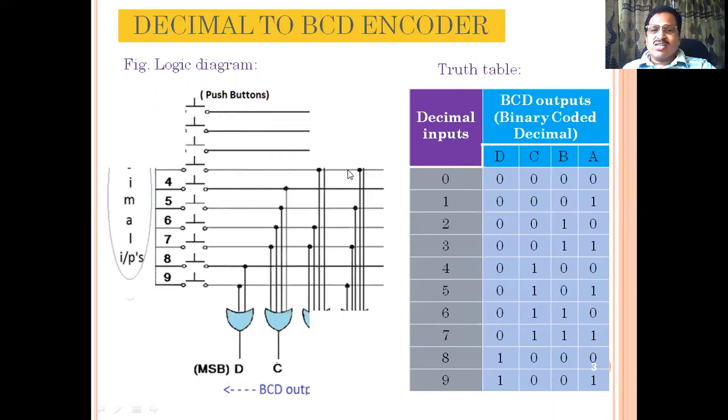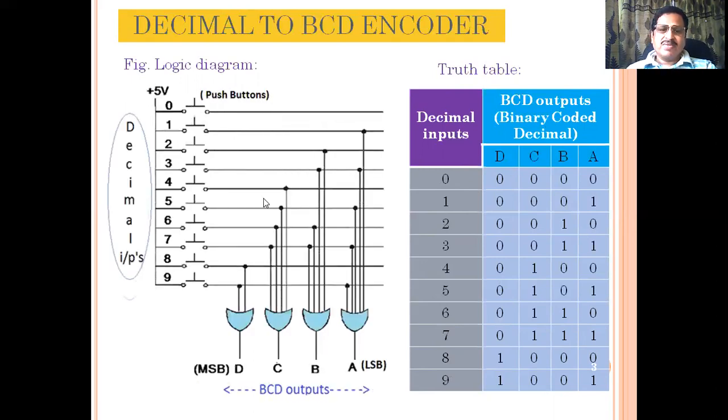So the construction is as shown in the figure. As I said, there are 10 decimal digits, 0, 1, 2, 3, 4 up to 9, because these are the 10 decimal digits. We select any one decimal at the input by connecting that decimal input to the plus VCC or plus 5 volt connection.